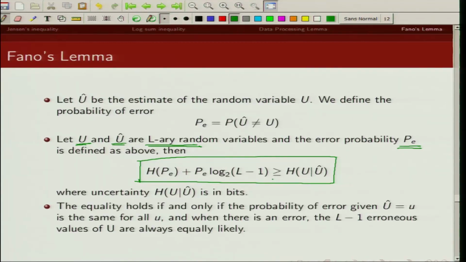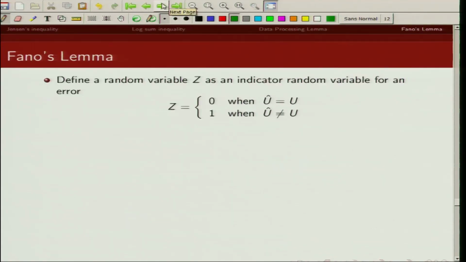The equality here happens if and only if probability of error given u hat is the same for all u, and if there is an error, all L minus 1 erroneous values are equally likely to happen. So Fano's lemma links probability of error to the uncertainty in u given the estimate u hat. So let us prove this result.